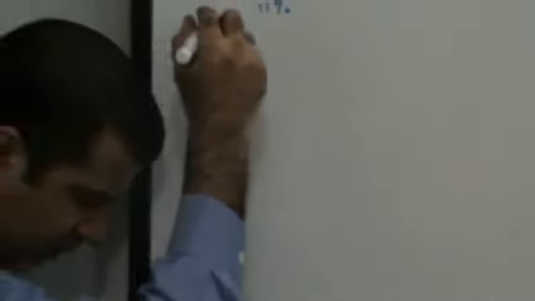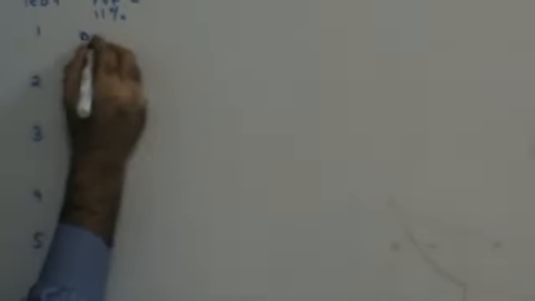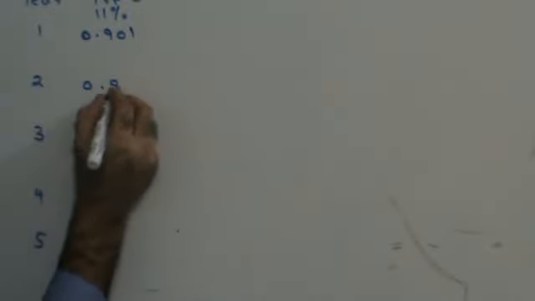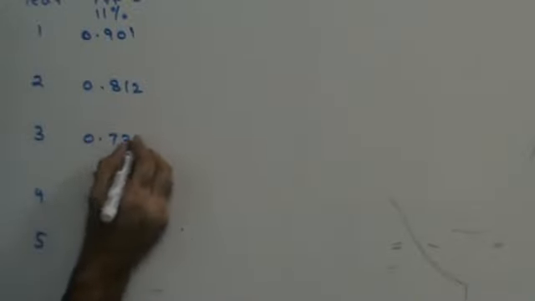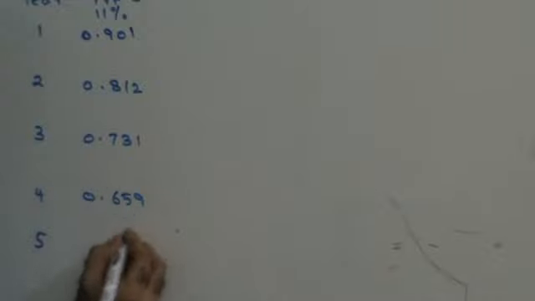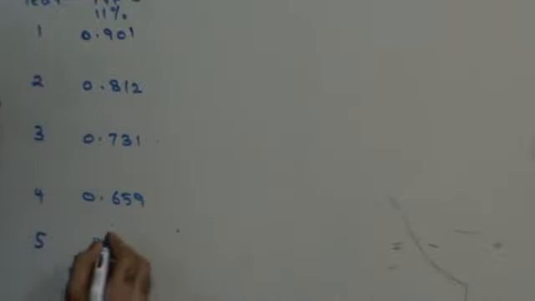So at the rate of 10%, the figures are going to be 0.901, 0.812, 0.731, 0.659 and 0.593. These are my present value factors at the rate of 11%.